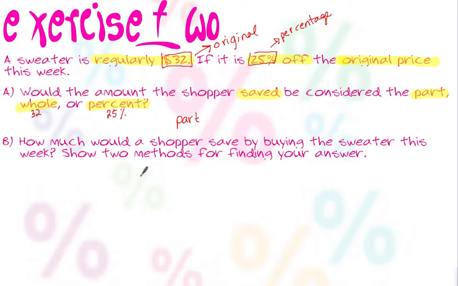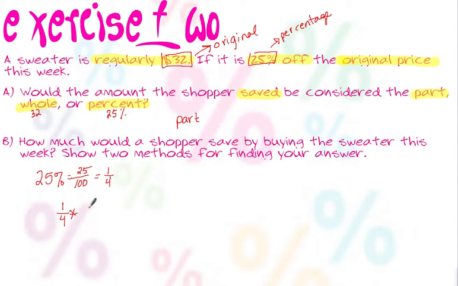So let's just skip straight to the math this time. So let's look at, they have 25%. 25% is equal to 25 per 100. And in this case, I know that 25 per 100 simplifies to 1/4. So what I'm going to do is, now this is a rate. So I have 1/4 of the price.